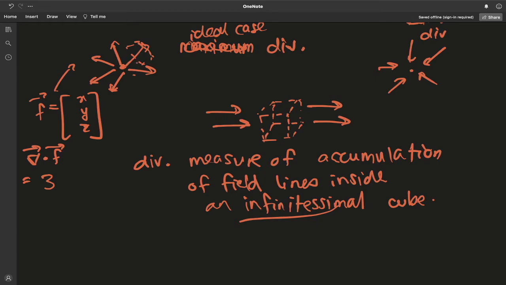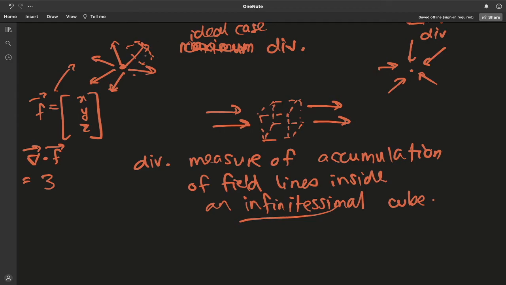So even though it doesn't look like there's one point where everything is coming out, there still is a non-zero divergence here, because as xyz increases, so does the magnitude of the vector field f at those points.